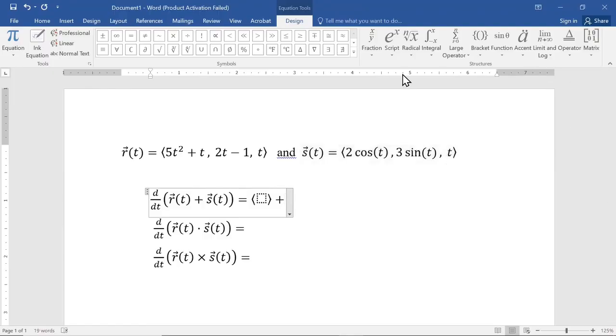So when you add two functions and then take the derivative, you should be able to take the derivative of the first function, which earlier we found was 10t plus 1, 1, plus the derivative of the second function, which earlier we found was negative 2 sine of t, 3 cosine of t, 1.